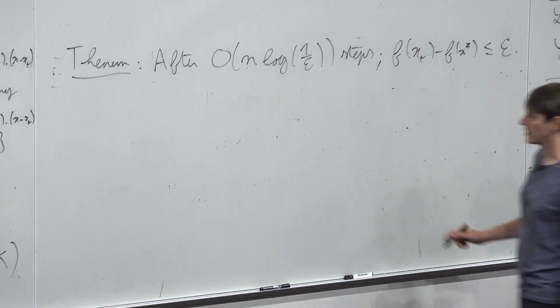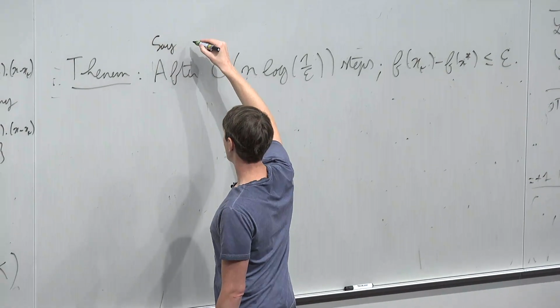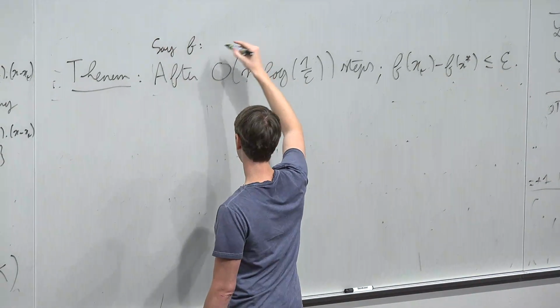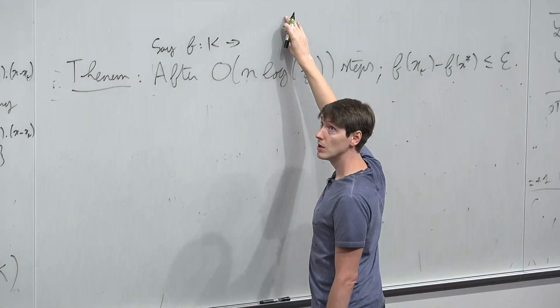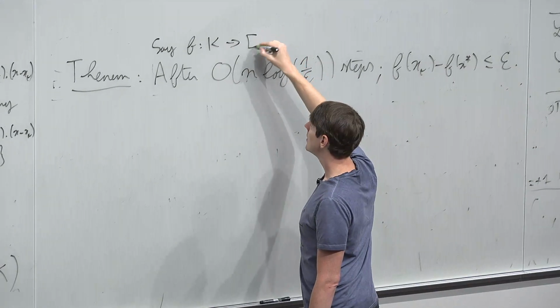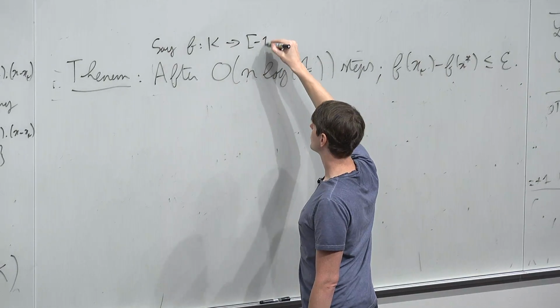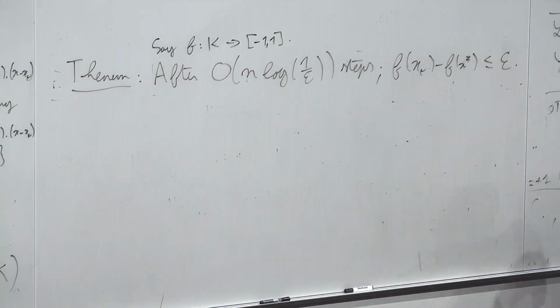In fact, say f is bounded, f goes from K to minus 1, 1. Just say you have a bounded function, not even necessarily Lipschitz. If you do n log 1 over epsilon steps, you're good.